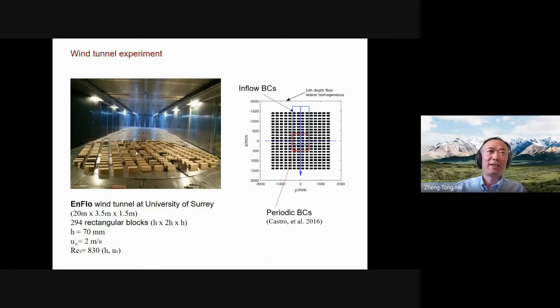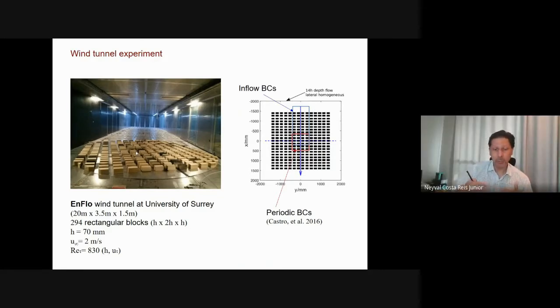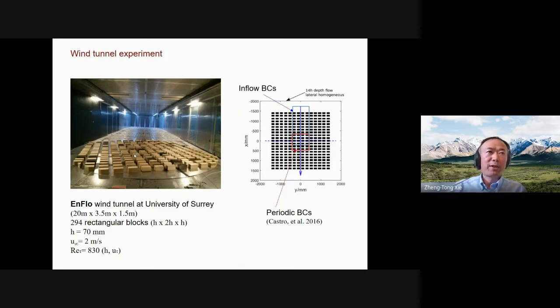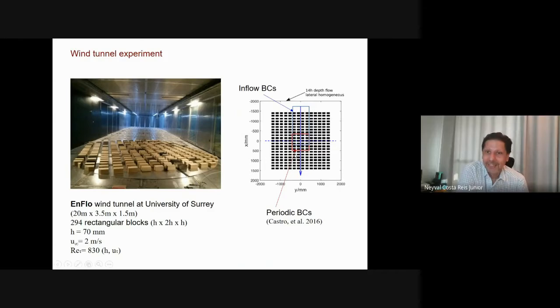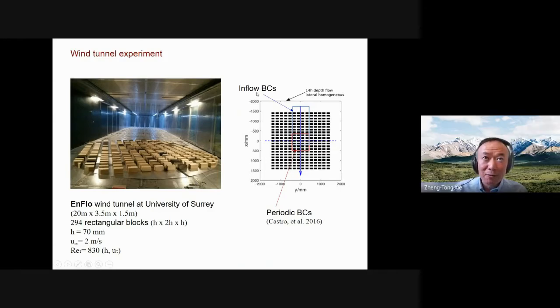I was wondering because one of the cases they did simulating the wind tunnel is the 45 degrees. I'm not saying anything about the 45 degrees; we have not published it yet. This is more interesting, but it's actually hard, because if you do wind at 45 degrees, can you see my mouse?